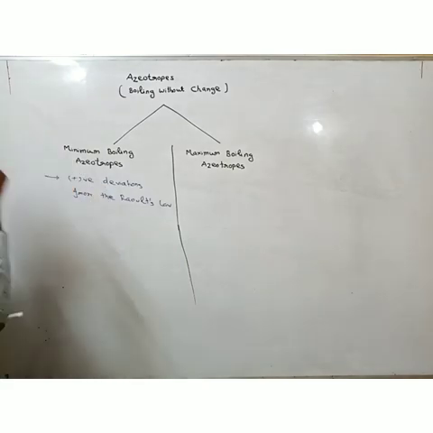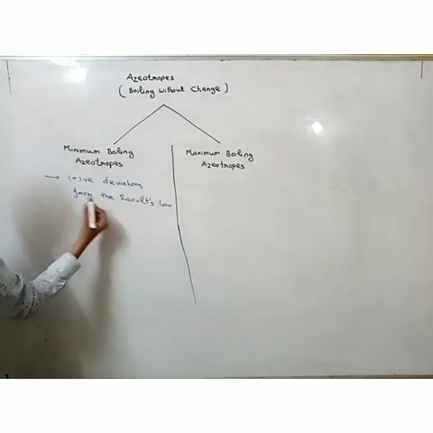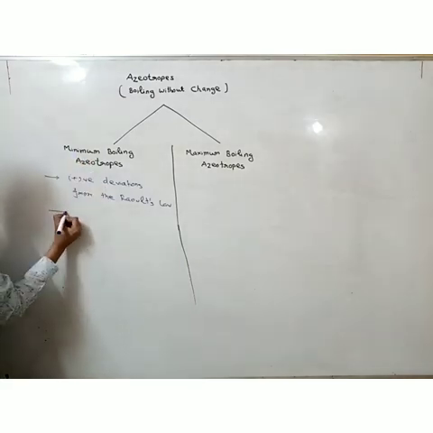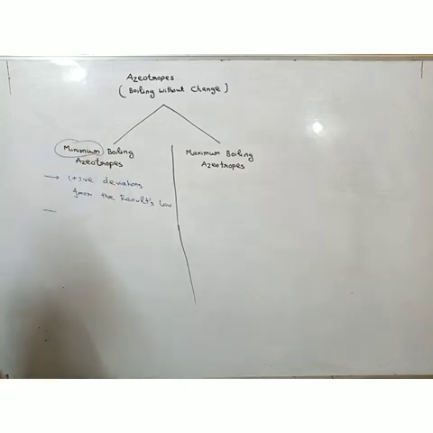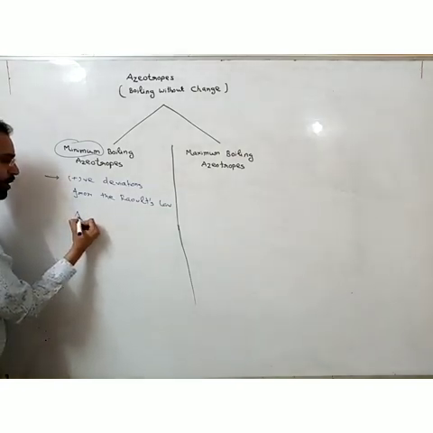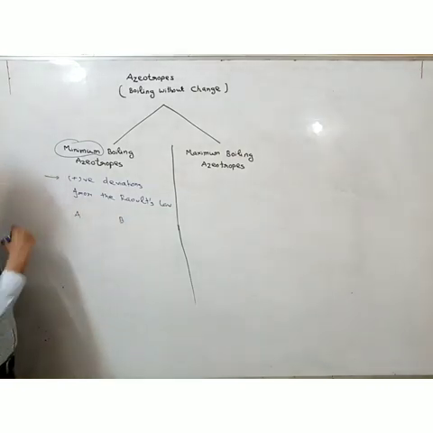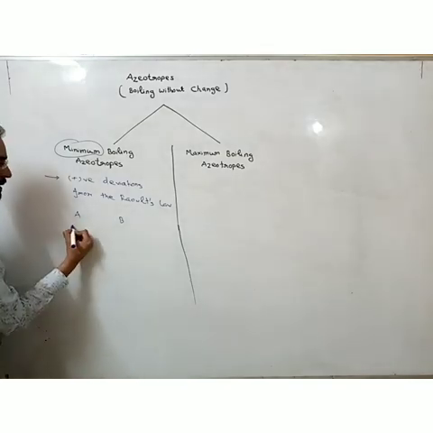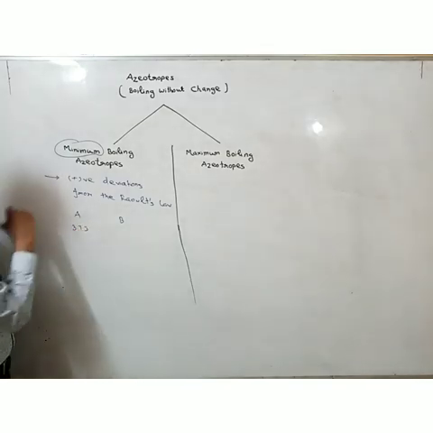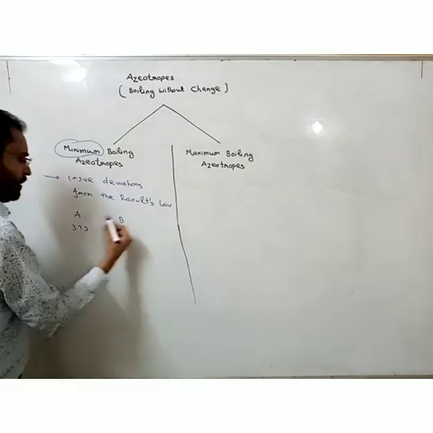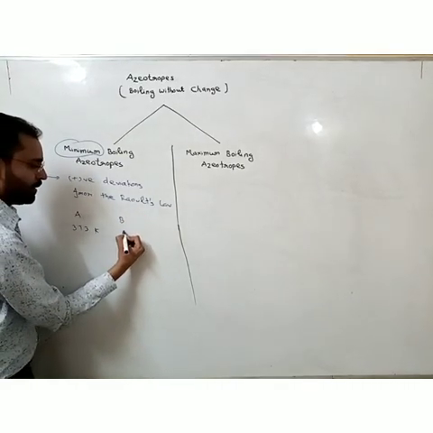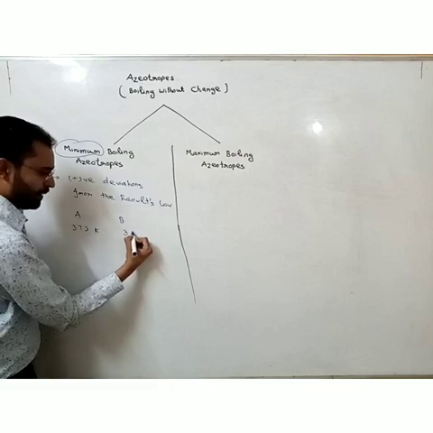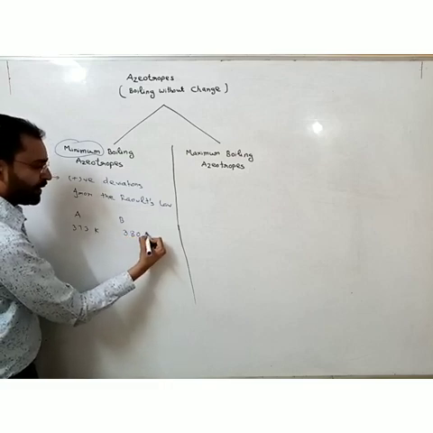This we have already discussed in detail earlier. Now, what does minimum boiling mean? Suppose we have a solvent A and a solute B. Solvent has a boiling temperature of 373 Kelvin. Solute has a boiling temperature of, let it be, 380 Kelvin.